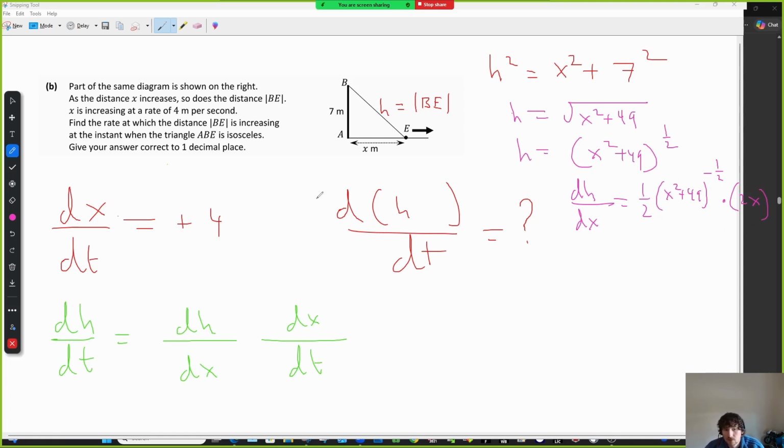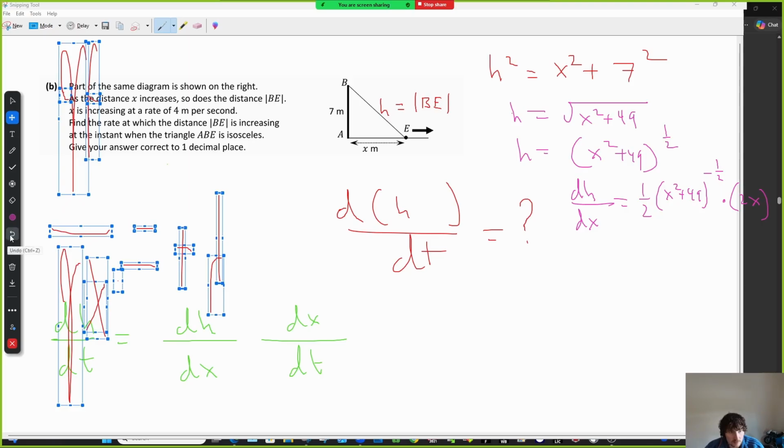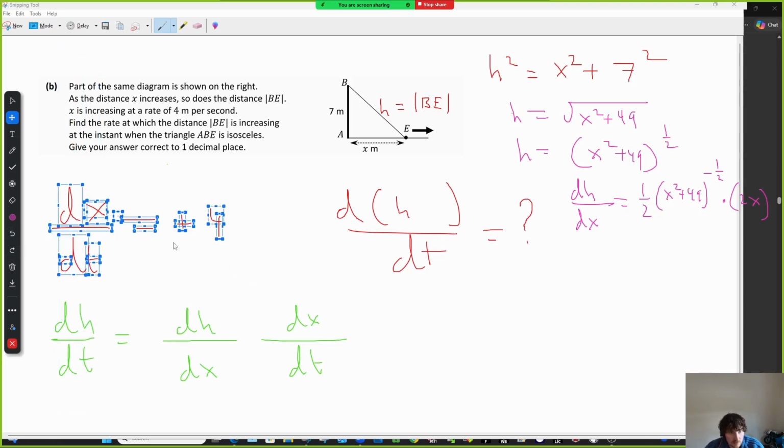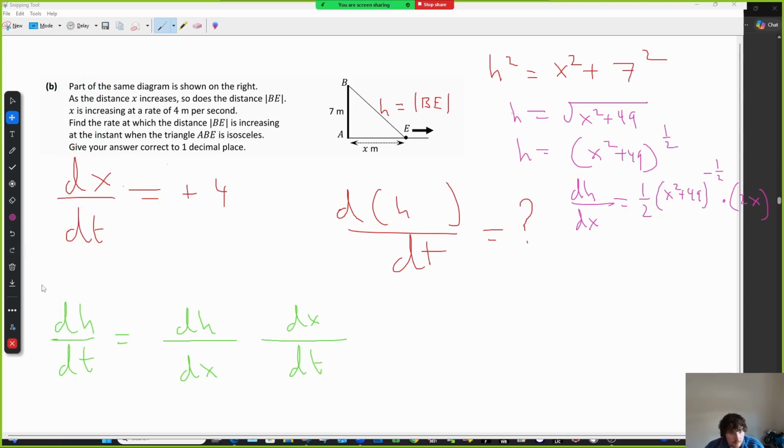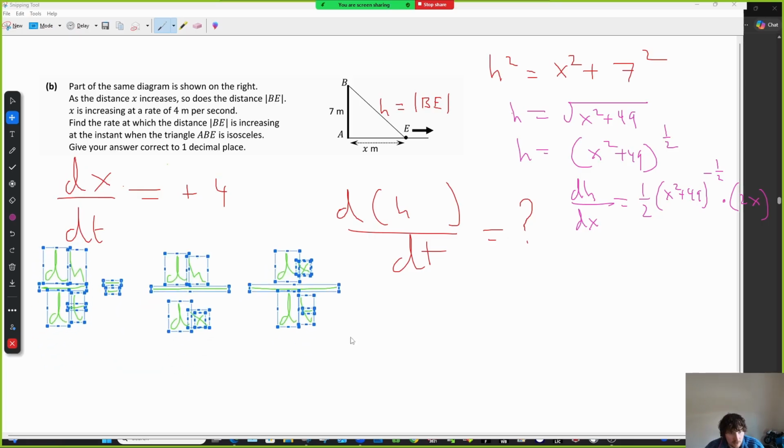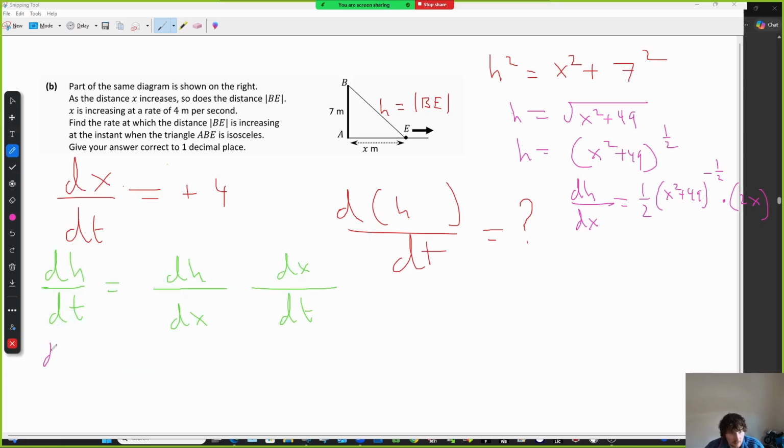And we can just sub that in for the examiner. It's always a good practice. And so this question is solved basically. So like such, and then underneath it we're going to sub in. So the thing we're looking for, dH dt, is going to be equal to dH dx, which is this here. Now we can tidy this up a bit. So we have a half and a 2x, so this will be really just an x on top. And anything to the power of minus a half is just a square root on the bottom.